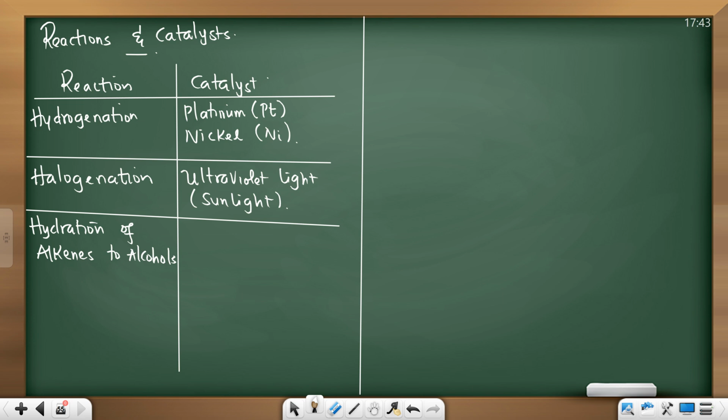My alcohol is saturated. Alkene, it's a U. Alcohol, S. What is the last letter? A. U-S-A. And that is addition reaction. And if you check, hydration falls under addition.